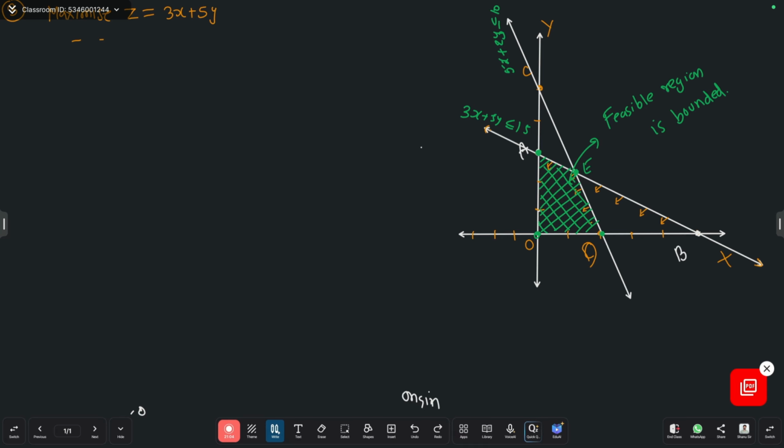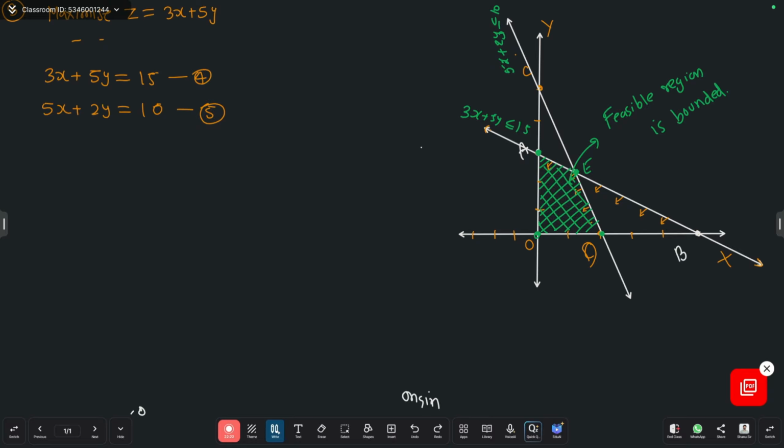How to get point E? We have to solve equations. The first equation was 3x plus 5y equals 10, and the second, 5x plus 2y equals 15. Now we can use the elimination method. Either we can eliminate x or y. Let's eliminate x.